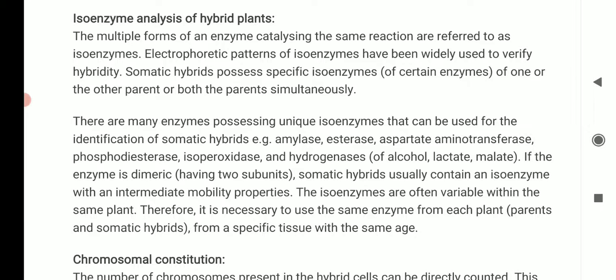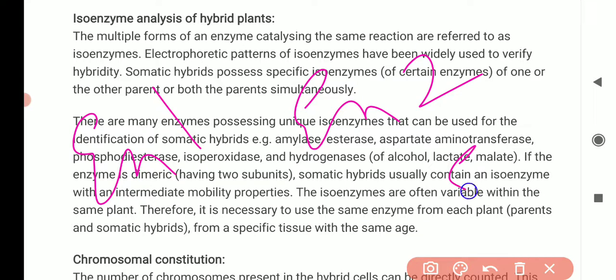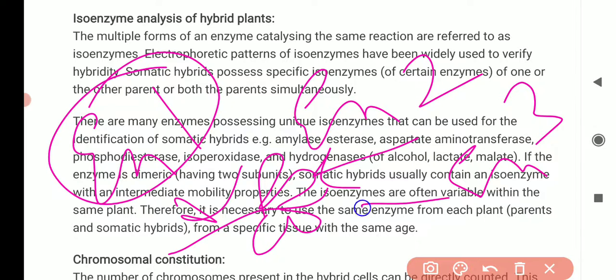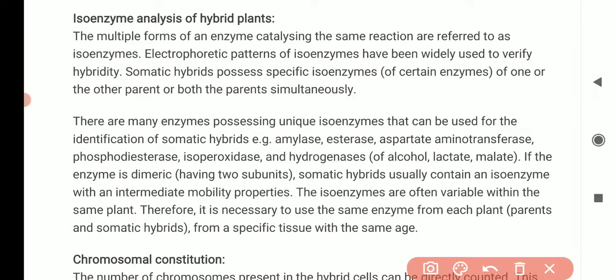Okay, isoenzyme is like, suppose this is enzyme 1, and this is enzyme 2, enzyme 3. Enzyme 1 can do a function which will produce this protein. But whether enzyme 1 or 2 or 3 acts on it, the same protein will be produced. You get it? Okay.